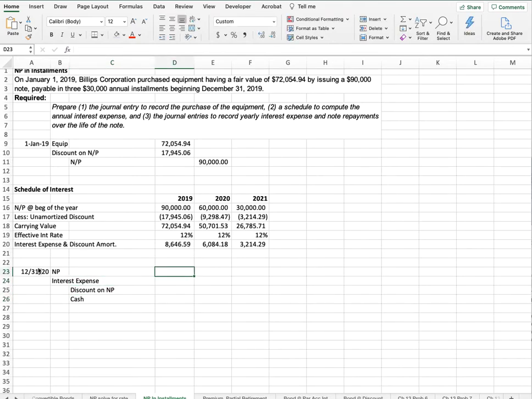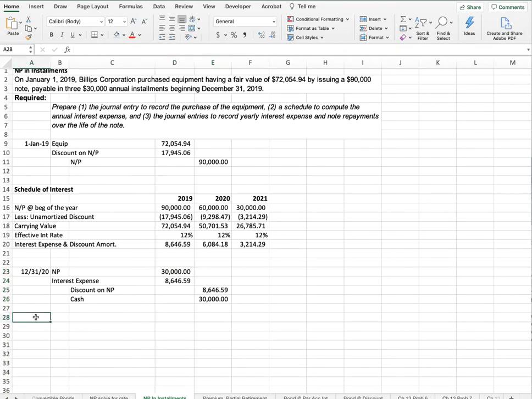The debit to notes payable, they told us, was going to be $30,000 each time. Our cash will align with that. And we calculated our interest expense and the discount amortization. So we have $30,000 for the notes payable and the cash, and we have $8,646.59 for the interest expense and the discount on the notes payable.